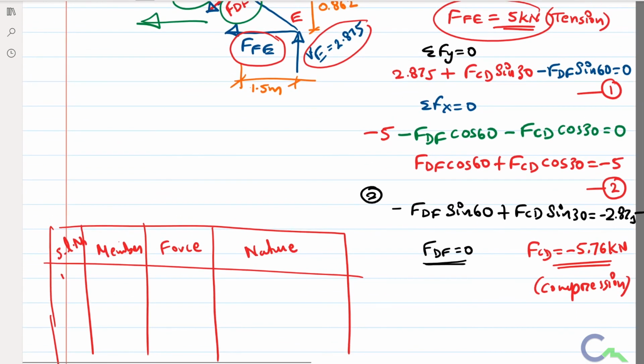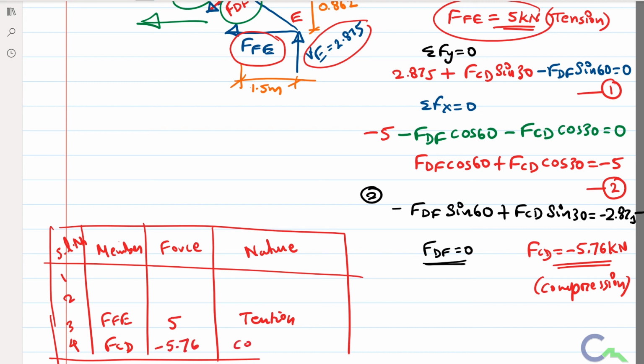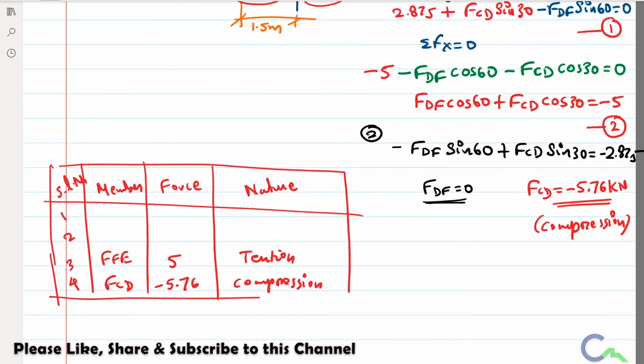There are 4 members, 1 2 3 4, and we have to list the members here. So FFE, then FCD, the first 2 members we add. For FFE we got 5, so the nature is tension. Then FCD we got minus 5.76, and the nature is compression. We have to list the other 2, and for that we are going to give the marks.